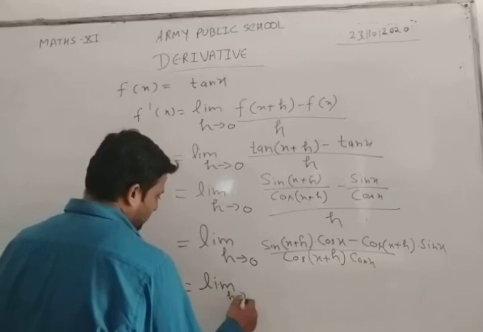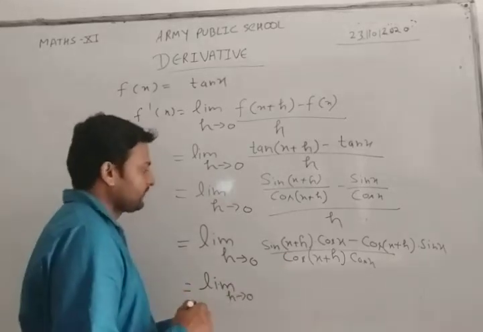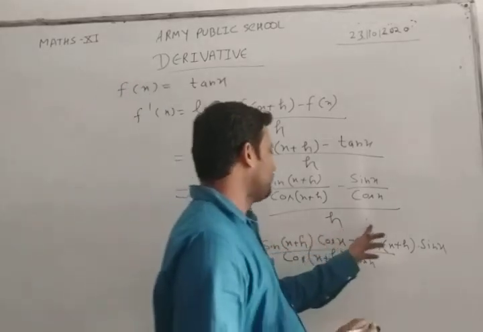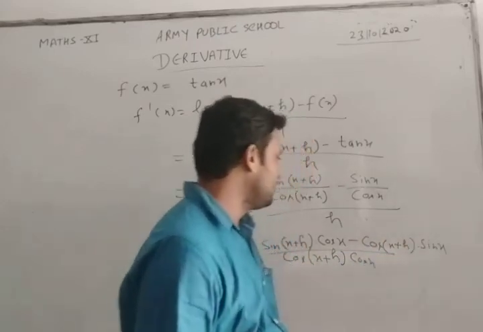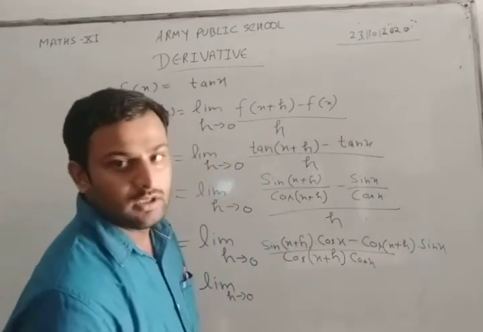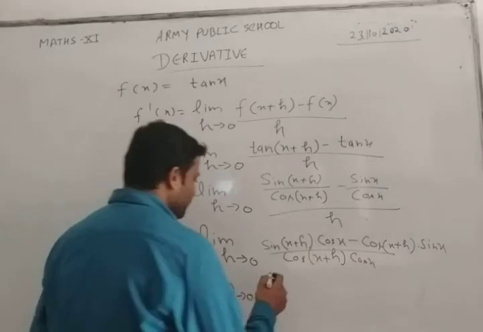Check which formula will apply here. sin A cos B minus cos A sin B. So the formula will give sin(A minus B).